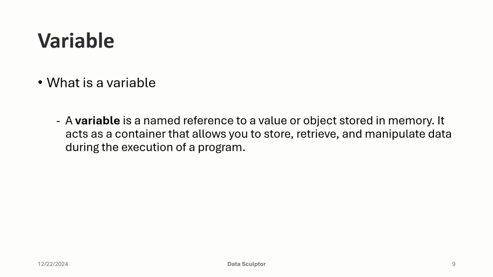You might have a dress present in some particular rack in the shelf. The variable provides you the address of that particular rack in that shelf. So it's a named reference and it stores the address of the particular data.